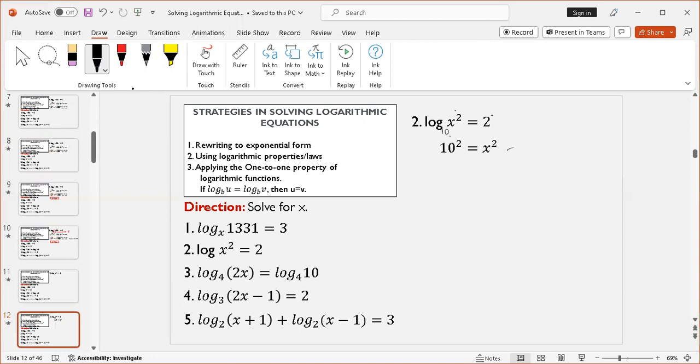Now, we are solving for x, so we have to get rid of this exponent. Dapat alisin natin yung exponent na 2. Okay? So, paano yan? Simplify muna natin si right side. 10 raised to 2 will give us 100 because 10 times 10 is 100.